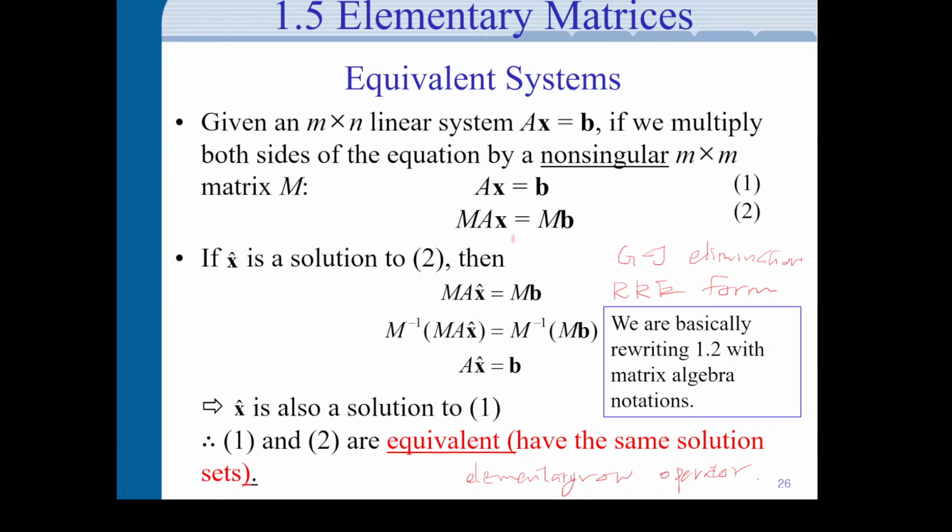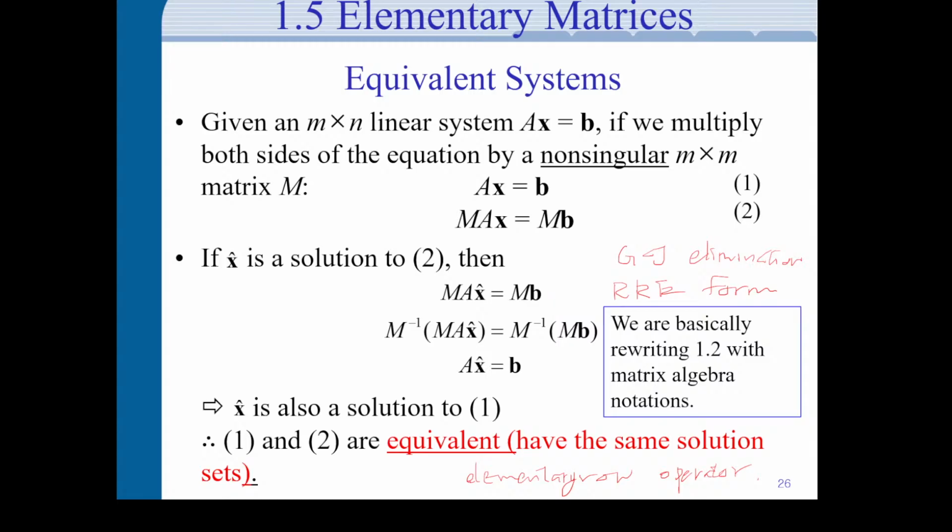And then we need to prove the other way: a solution to 2 is also a solution to 1. So some x vector is a solution to 2, and we also want to say it's a solution to 1. Okay, we should fix the notation.